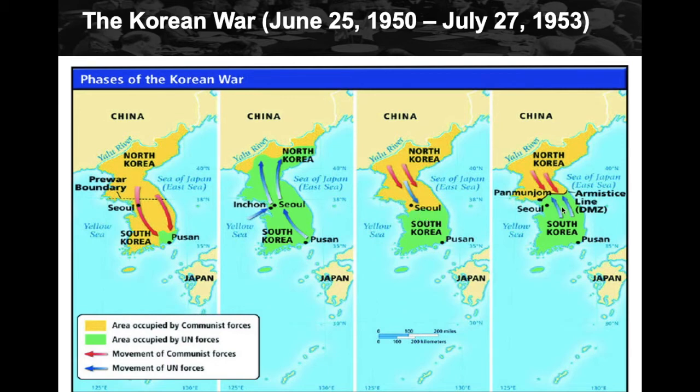The last phase is South Korea and North Korea come to an agreement at the armistice line. It's not right at the 38th parallel, but it's near it. And the famous town is Panmunjom.